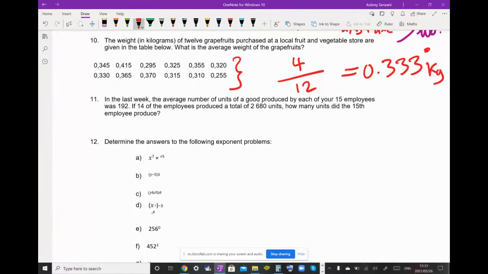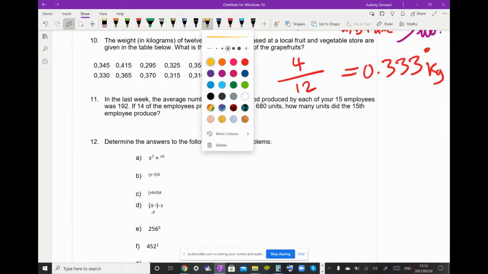Since it says the average number of units of good produced by each of your 15 employees was 192, I think we first need to get the total number of goods produced by all the employees. Then we subtract the total number of goods produced by the 14 employees from the total number of goods produced. Then.